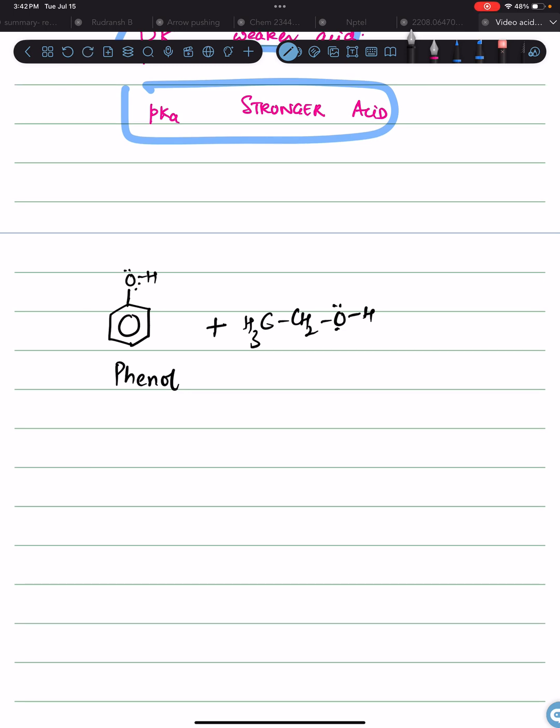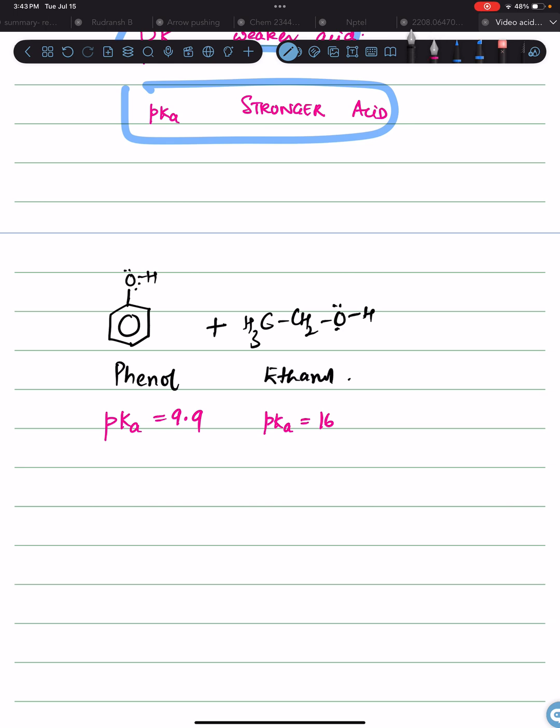To predict that, the first method is the pKa, quantifying that. The pKa of phenol, from the standard tables, I'm writing the value, is 9.9, while the pKa for ethanol is 16. So this is ethanol, or ethyl alcohol.